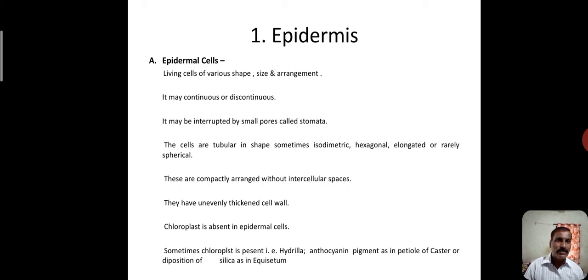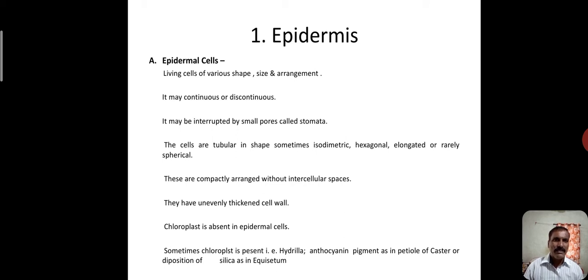The epidermal cells are tubular in shape, sometimes isodiametric, hexagonal, elongated or rarely spherical. These are compactly arranged without intercellular spaces. That means there is no space between them.